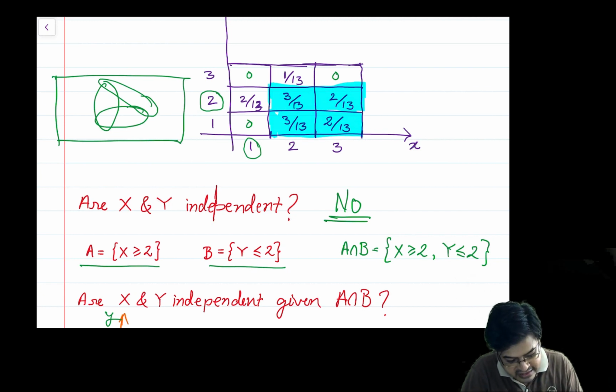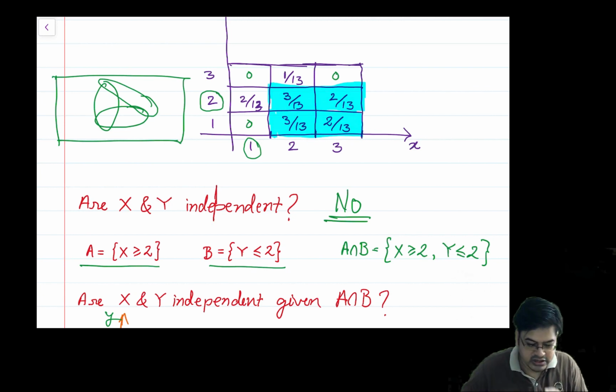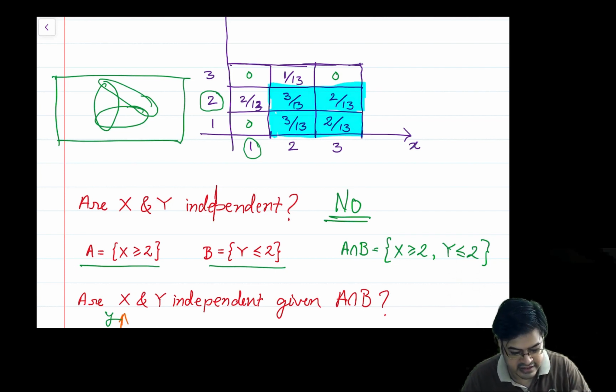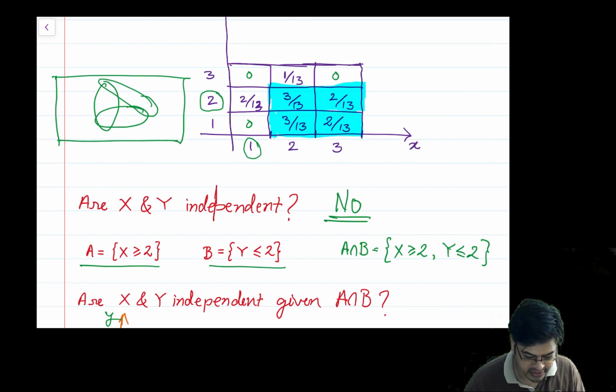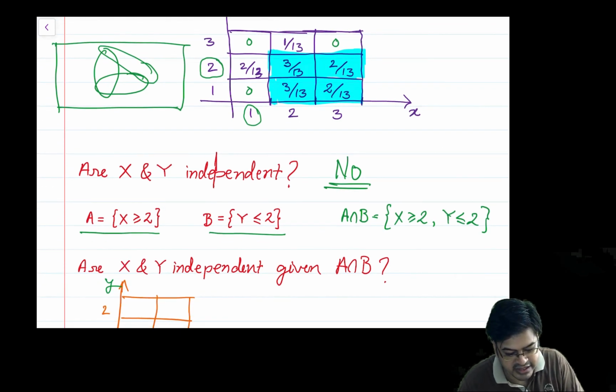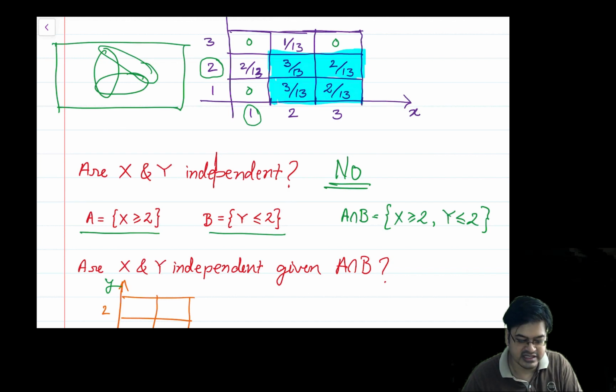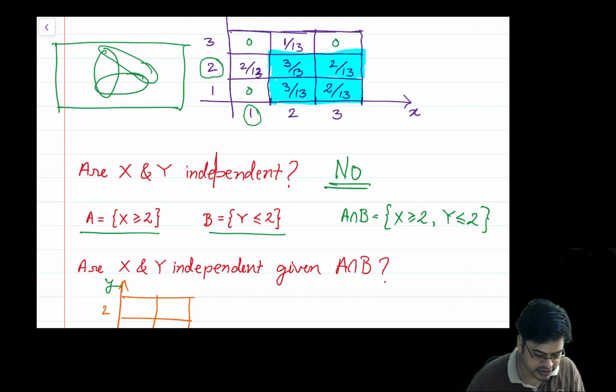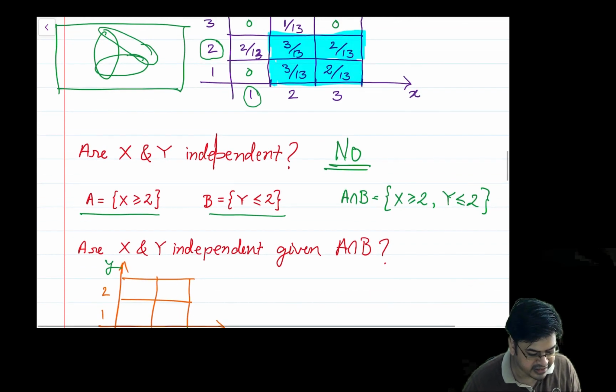Given that this event has happened, what should be the conditional probability mass function? Let us try to write that conditional PMF. While computing conditional probability mass functions, you always remember a shortcut: if the denominator is the same, then you just need to have appropriate proportions. So let me write it down here.